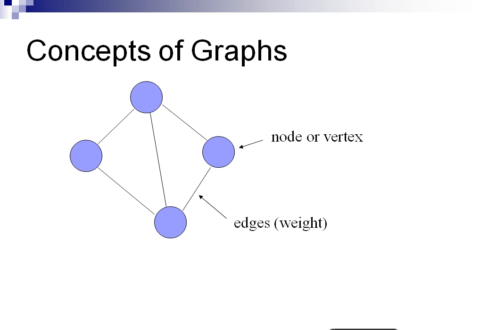Now let us try to understand the concept of graphs. A graph G is a collection of vertices and edges. Vertices are also called nodes. So these are the nodes, and an edge is a link between two nodes, and it has some weight.